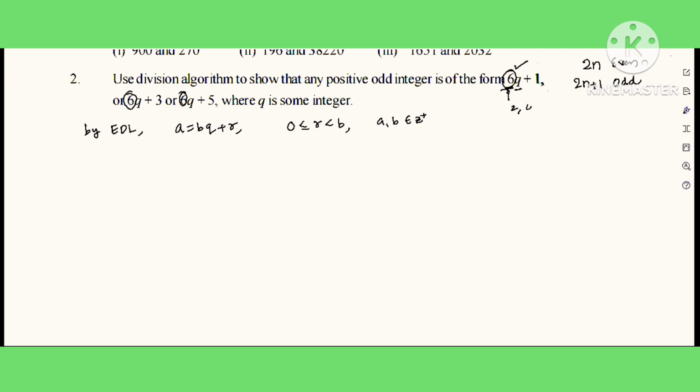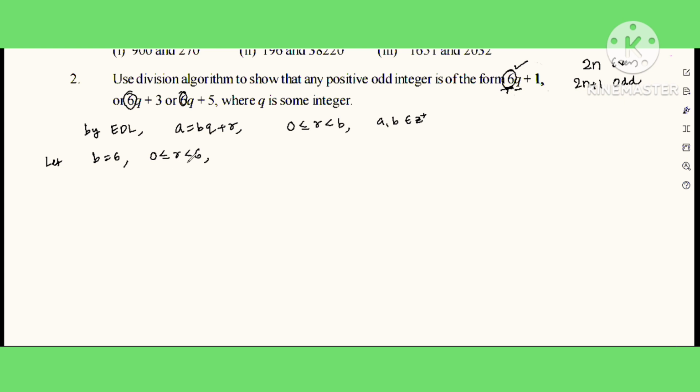So we have to assume that b equals 6. Let b equal 6. When b equals 6, what is the property of the remainder? That is 0 less than or equal to r less than 6.